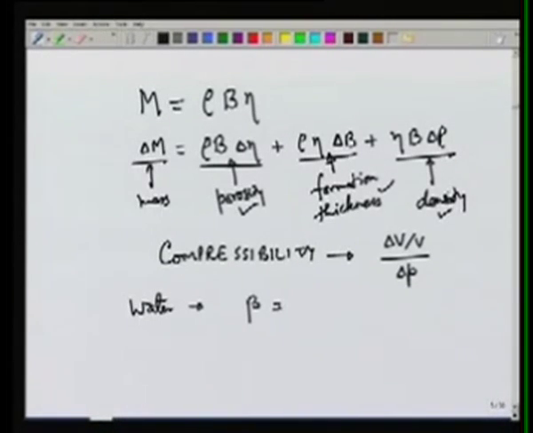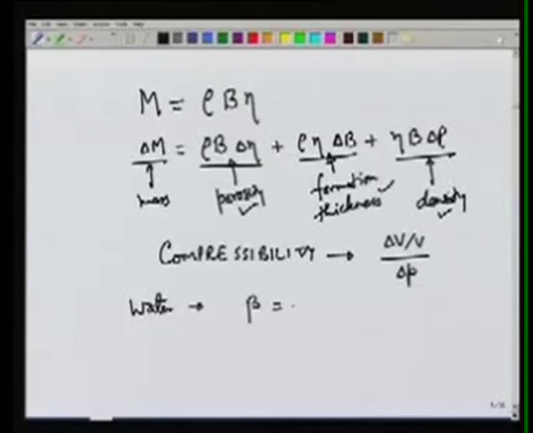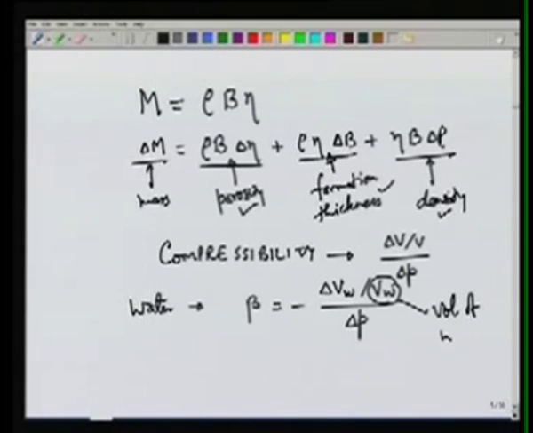In general, a positive change in pressure will cause a negative change in volume, and therefore we put a negative sign here, where VW is the volume of water and delta VW is the change in this volume. Delta P, of course, is the change in pressure.